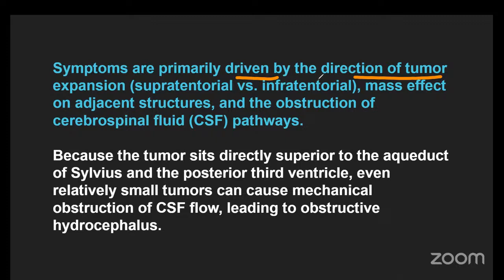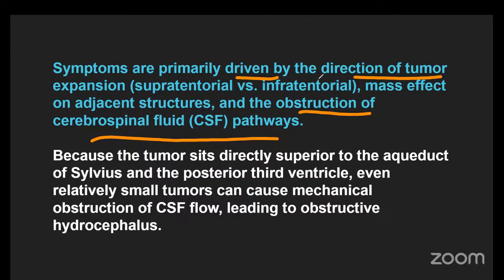It is also going to put pressure on the brainstem, especially the pons, then the pineal gland. So your presentation is going to be dependent on the exact location of the tumor and the direction of the tumor expansion as well. And obviously, obstruction of CSF pathways comes as a freebie with this.